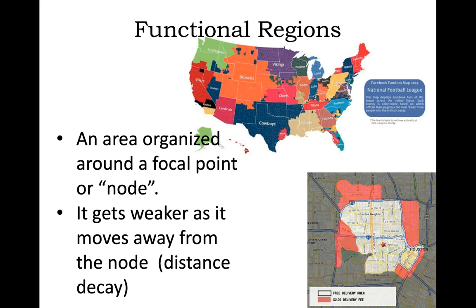Another example is pizza delivery. If you're going to order pizza, your delivery is going to come from a store that is located near your house. You wouldn't order pizza delivery or have delivery be an option from a store that would be located outside of that pizza delivery's functional region.